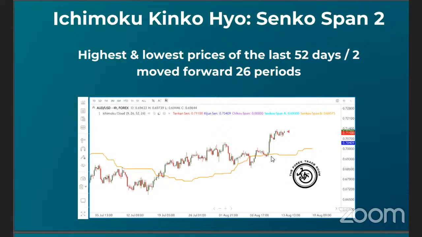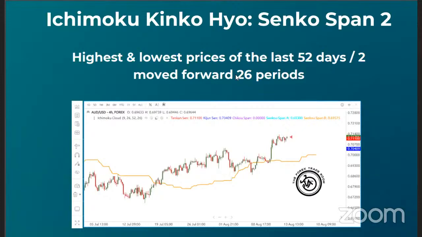So go 26 candles forward. It's another forward projection. Now it looks crazy because we're just going line by line, but you'll see how it all comes together here, so you can gain an understanding. So that's it.